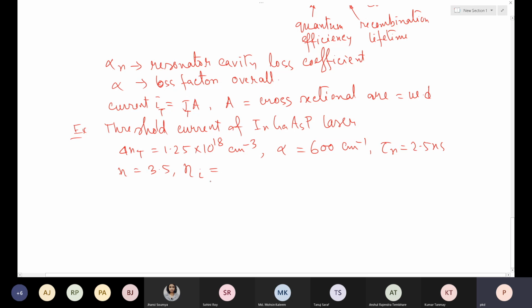So if it is equally probable, then it could be 0.5. D is say 200 micrometer, W is 10 micrometer.